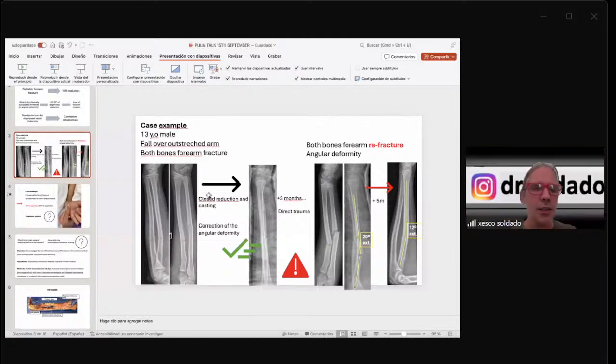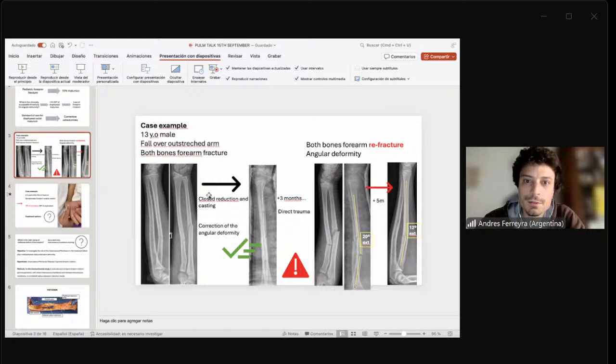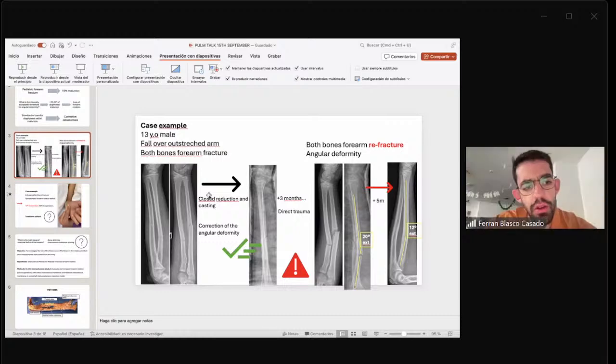Okay, so let's go. Sorry, one question is missing about Campbell 1 that says the majority of the interosseous membrane is tight in supination. Yes, I answered that. I don't think this is as certain as it was. It is written here because there is literature available that says it's also tight in neutral position and also in slight pronation.